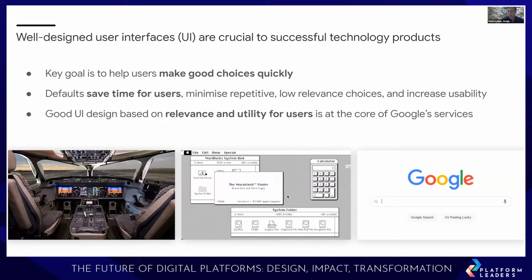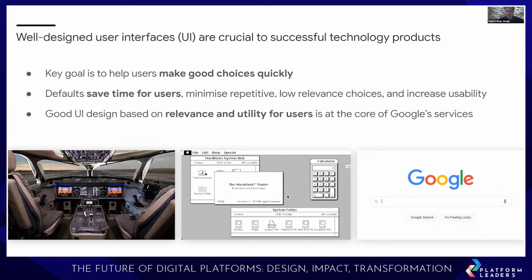I think Google would think about this much the same way. We are presenting a user interface that helps people navigate an unbelievable number of choices and complexity, which is the huge diversity of information available on the World Wide Web.